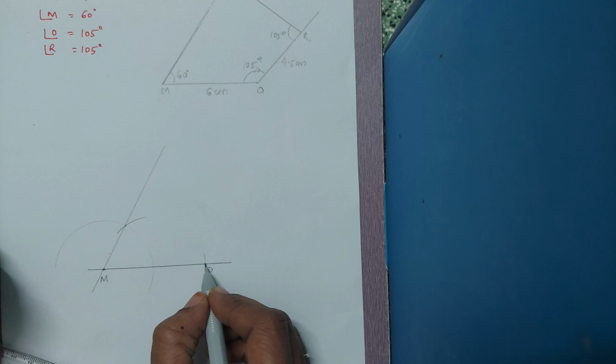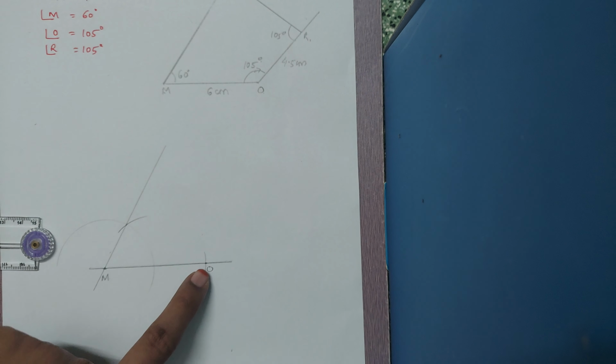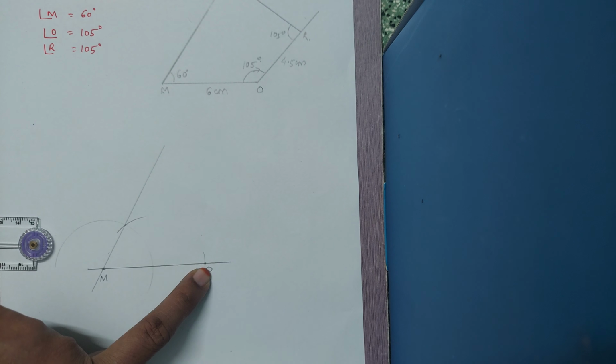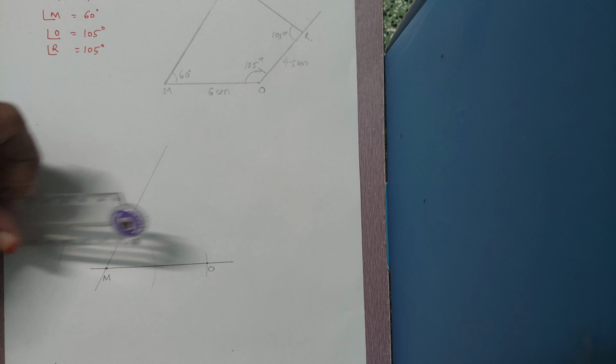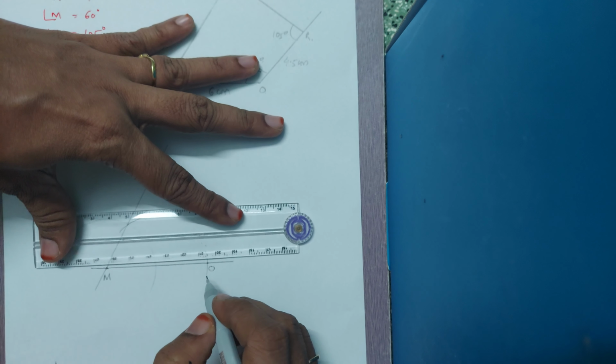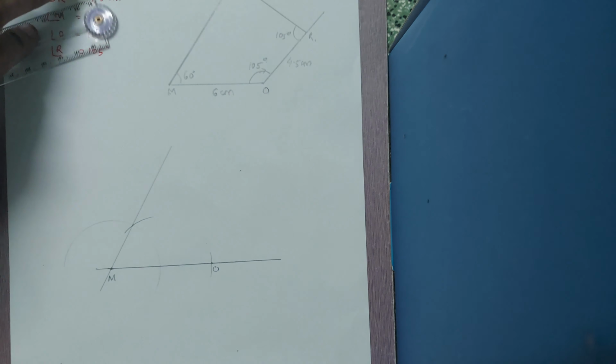So what should you do? You should construct 105 degrees at O. So extend this line further.